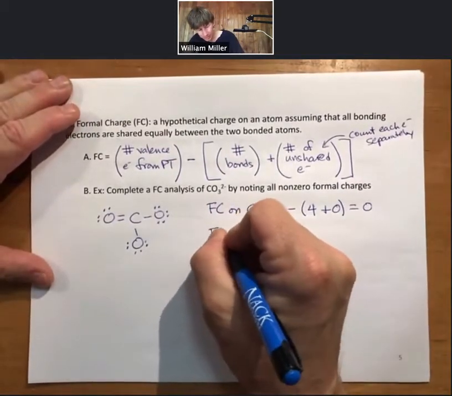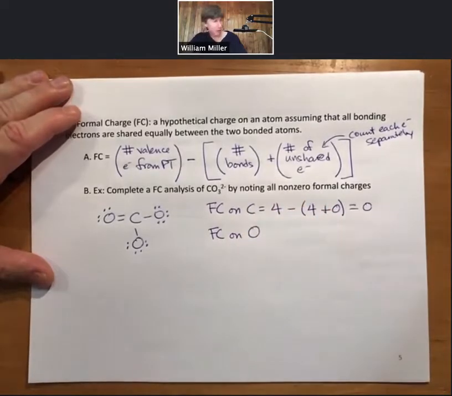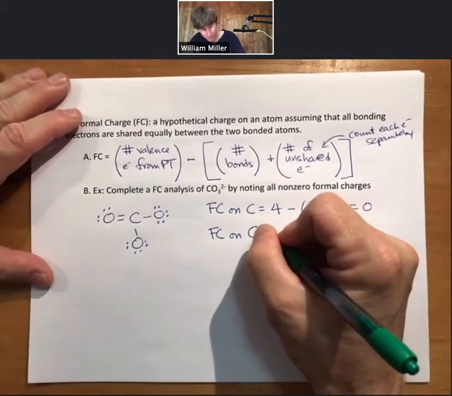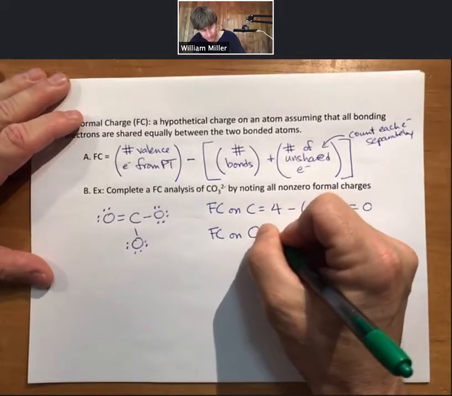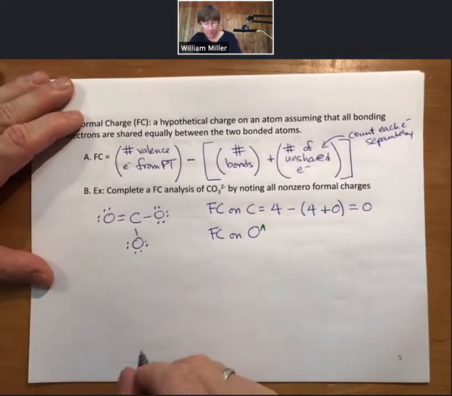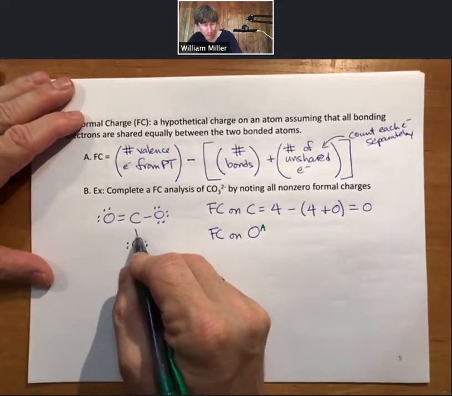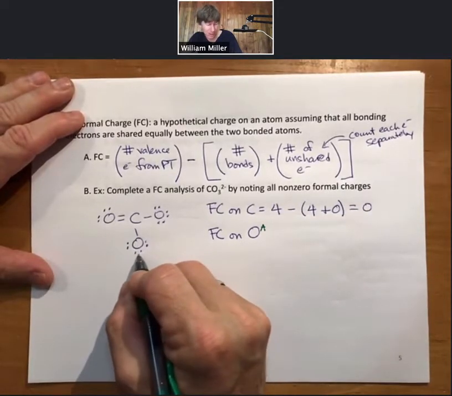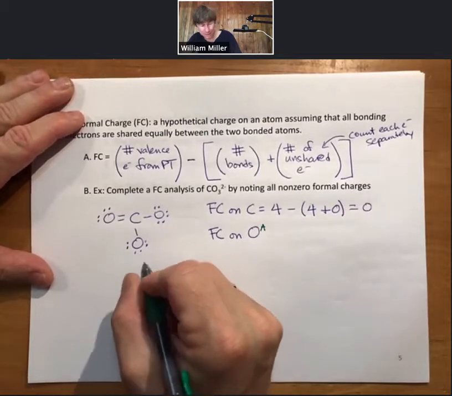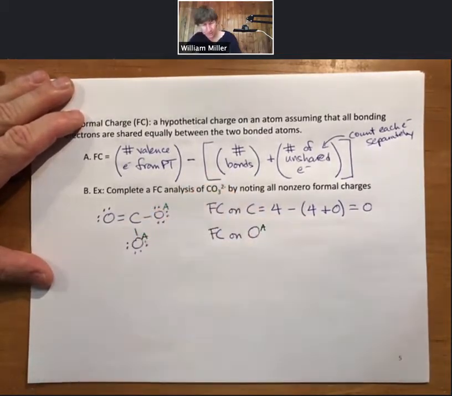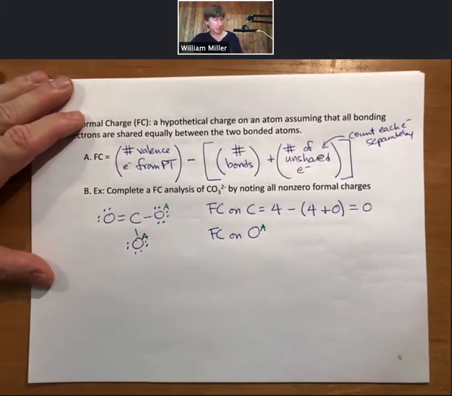Now, for oxygen, we're going to have formal charge on oxygen, what we're going to call oxygen A. And oxygen A is going to be the oxygens that have 1 bond and 3 pairs of electrons or 6 unshared electrons. So I'm going to put A next to both of those.